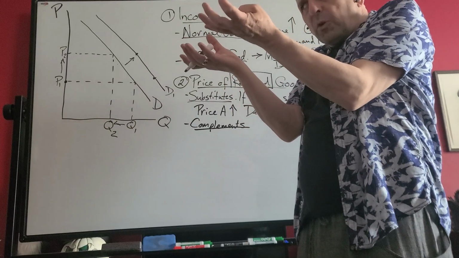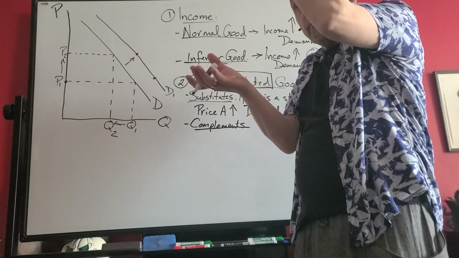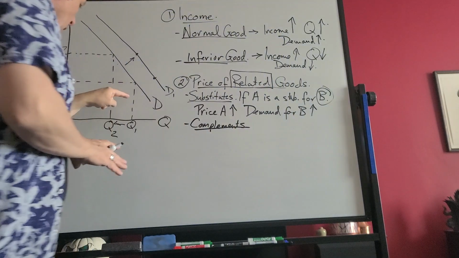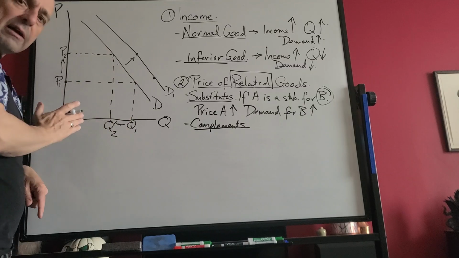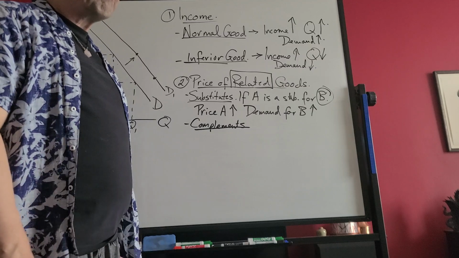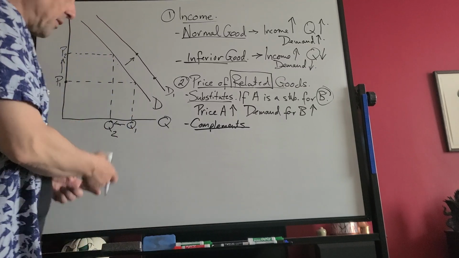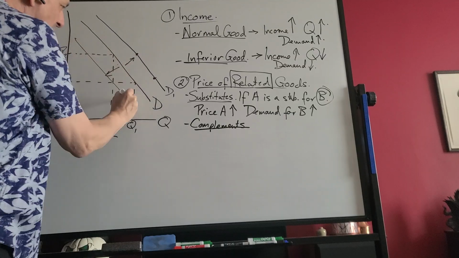So let's picture what would happen if the price of pancakes goes up. Well then, you're going to see this effect here, where there are less pancakes demanded. Well, if we have less pancakes, then we need less syrup. So the demand for maple syrup is actually going to move down this way.